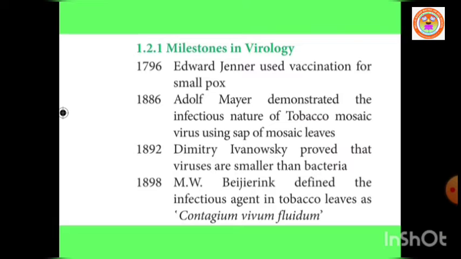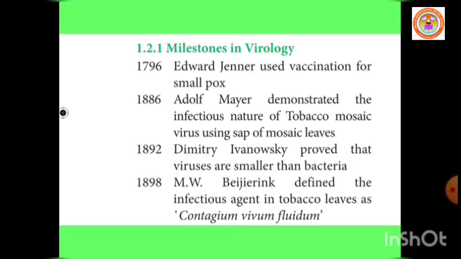Adolf Mayer demonstrated the infectious nature of tobacco mosaic virus using mosaic leaves in 1886. In 1892, Dmitri Ivanovsky, a Russian biologist, found that viruses are much smaller than bacteria.